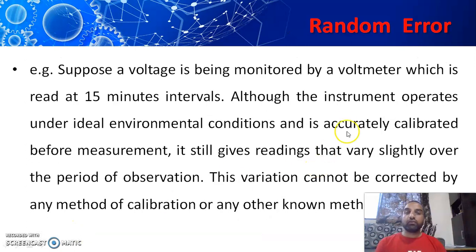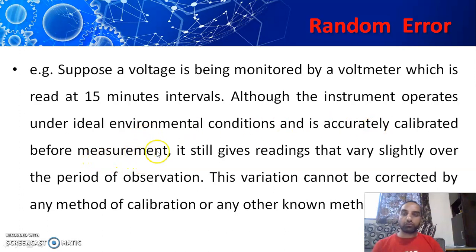For example, for random error, suppose we have a voltmeter, and it is used to monitor a particular voltage at 15 minute intervals. Suppose the instrument operates under ideal conditions, meaning the temperature remains the same and all environmental conditions are ideal, and it was accurately calibrated before the measurement.